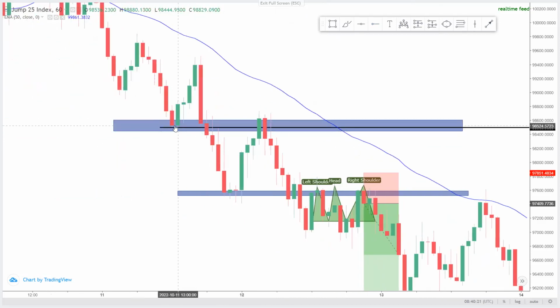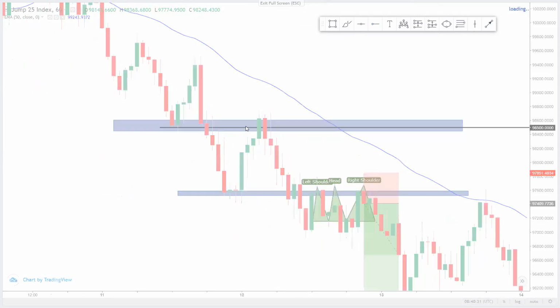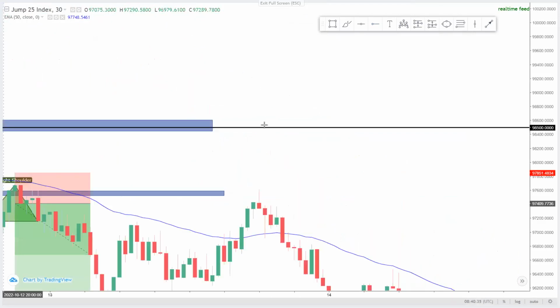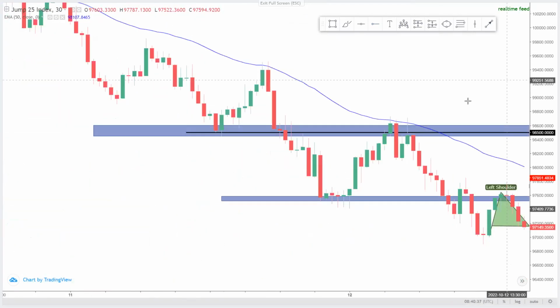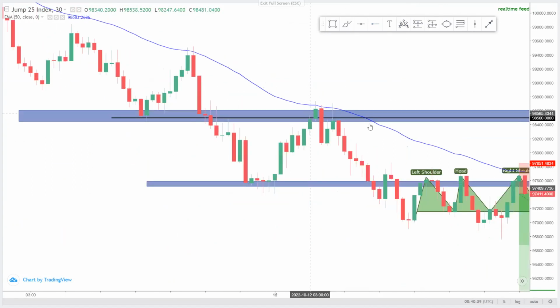Also coupled with the fact that previously the level was support, now turned resistance. We'll move down the time frame lower just to get clearer price action at this level.